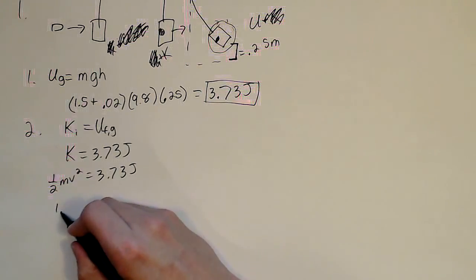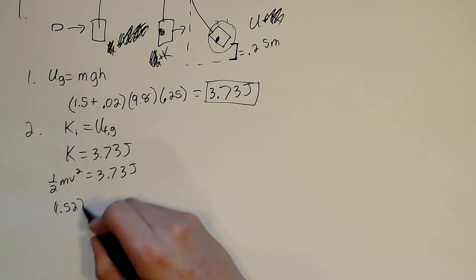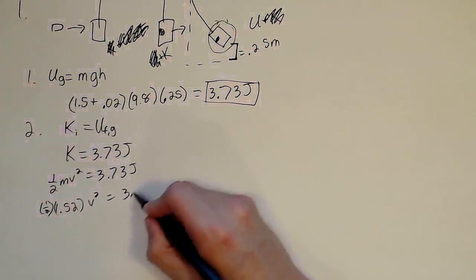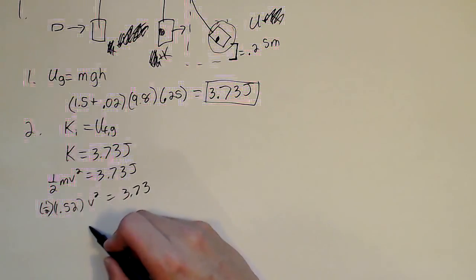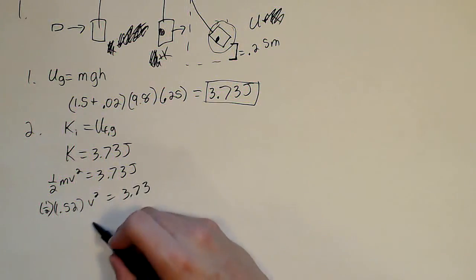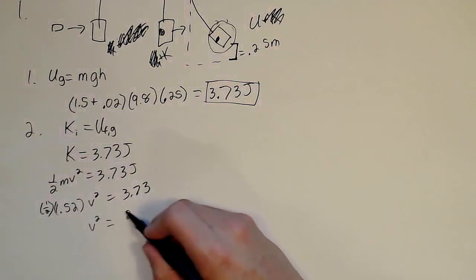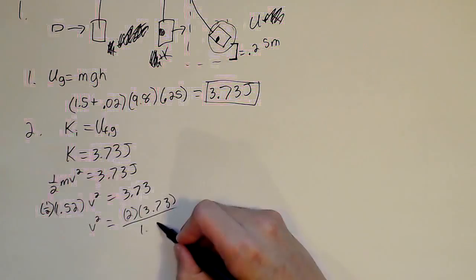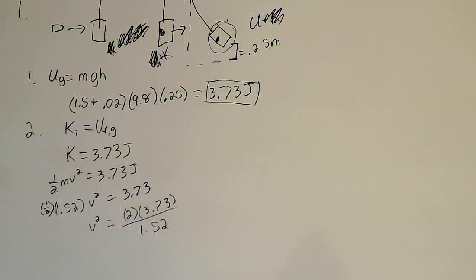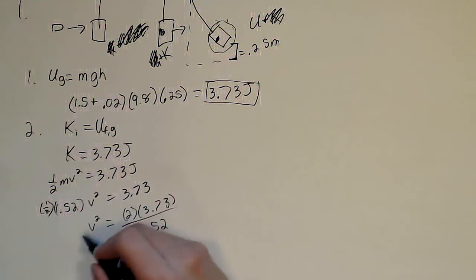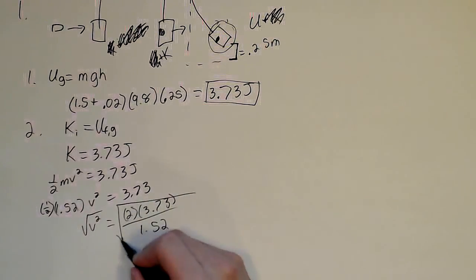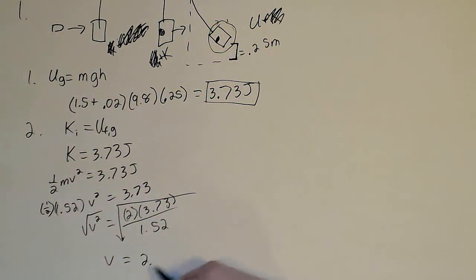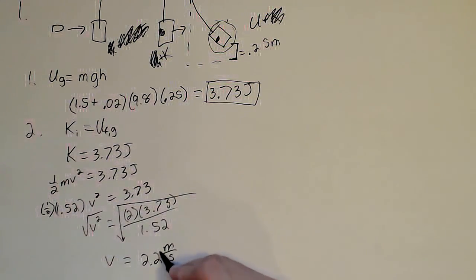So 1.52 times 1/2 times v squared equals 3.73 joules. Do a little algebra, we get v squared equals 2 times 3.73 over 1.52. I'm writing sideways. So if you take the square root of both sides, you will get that v is equal to, drum roll please, 2.2 meters per second. Sorry, 2.21.